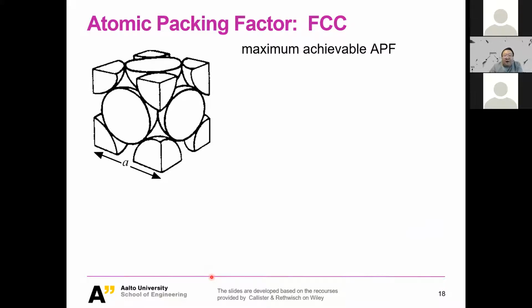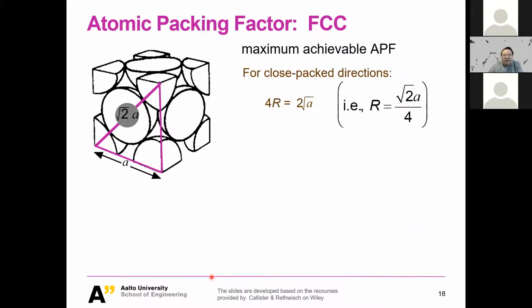Now we calculate the packing density, or the APF. Same business: we need to find out the close packing direction.